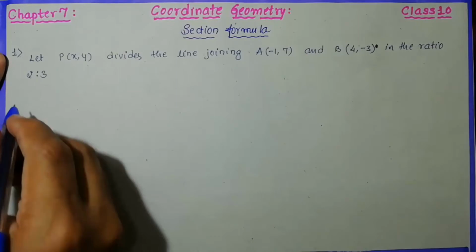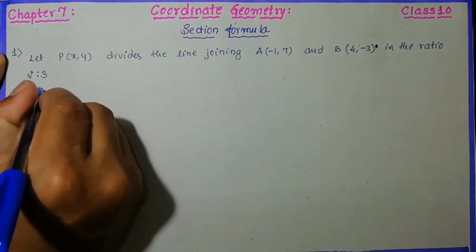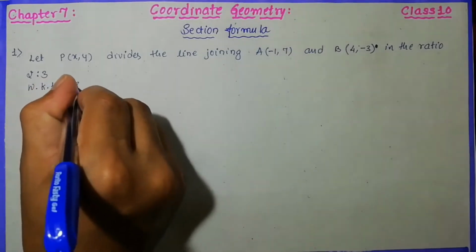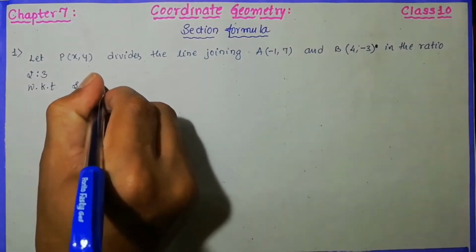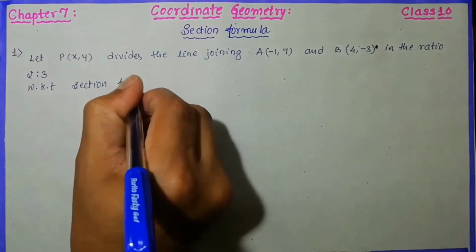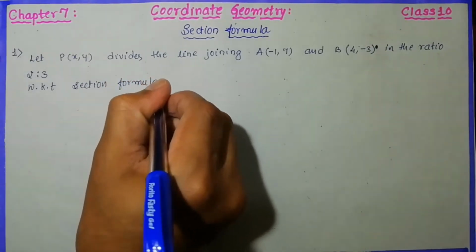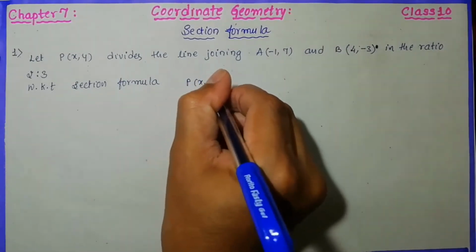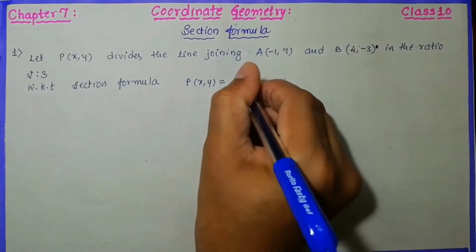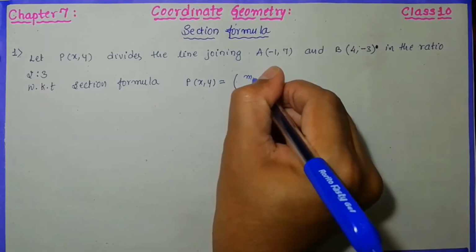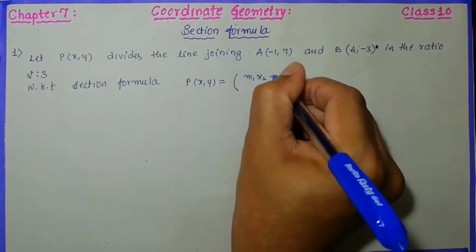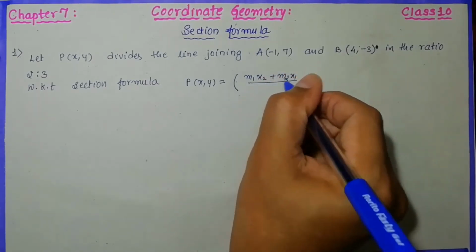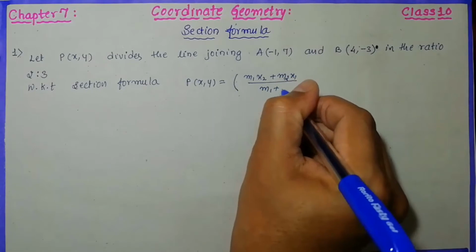So immediately after this, you have to write down what? We know that section formula. And write down the formula. P(x, y) is equal to, look here, (m1 x2 + m2 x1) divided by (m1 + m2).